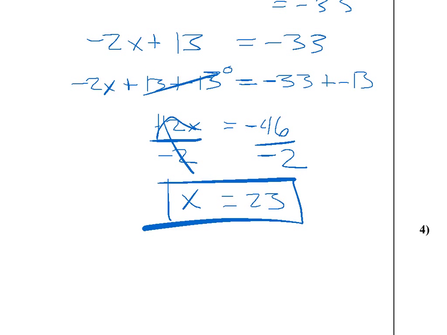That would suggest to me that you added a positive 13 to both sides. That also suggests to me that you were working ahead of me. All right, next problem.